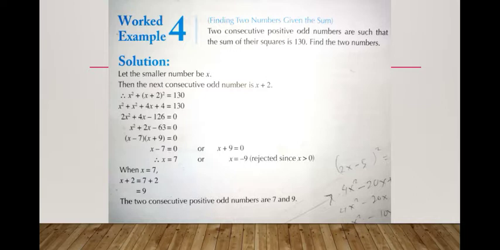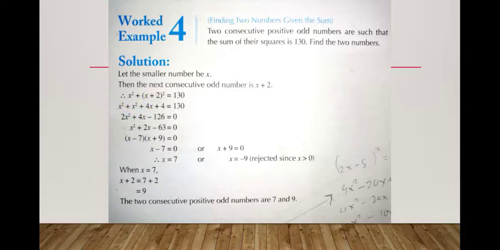If the first odd number is 11, the next one will be 13, right? It's always plus 2 from the previous one. So the first odd number we don't know, we symbolize as x, and the second one we can symbolize as x plus 2. So whatever the first odd number is, the next one will always be the first one plus 2, right?